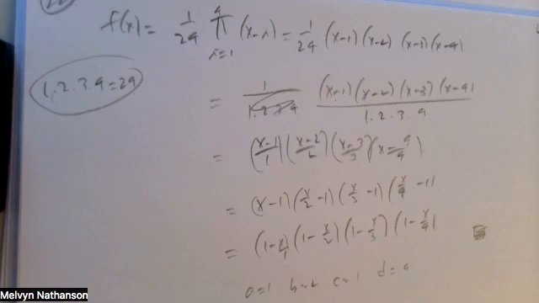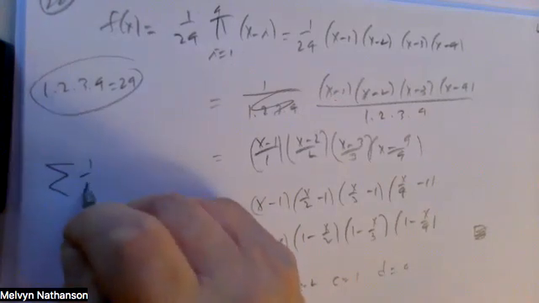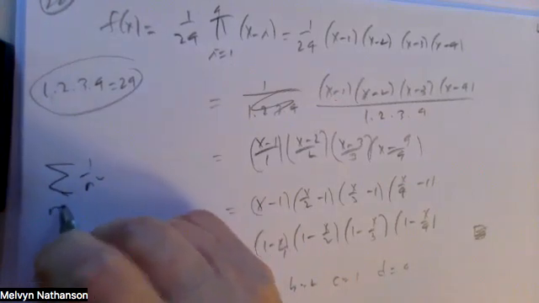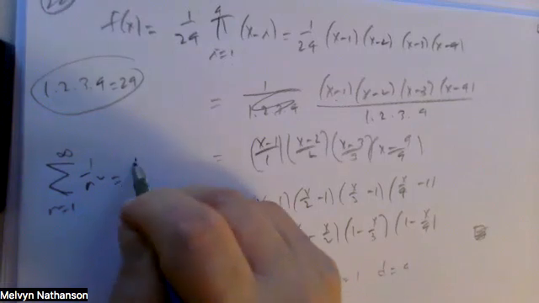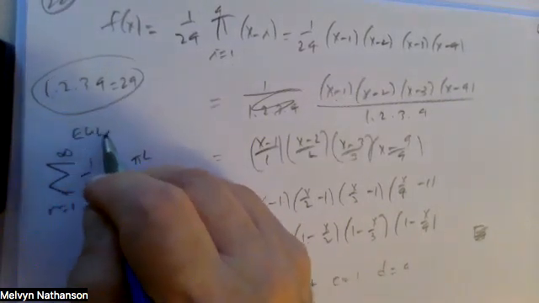I mean, this was part of Euler's proof that the sum of the reciprocals of the squares was pi squared over 6. This came up in proving that the summation of 1 over n squared, n goes from 1 to infinity, is pi squared over 6.